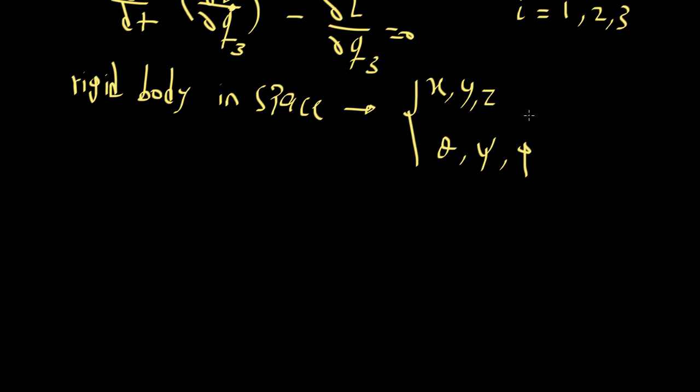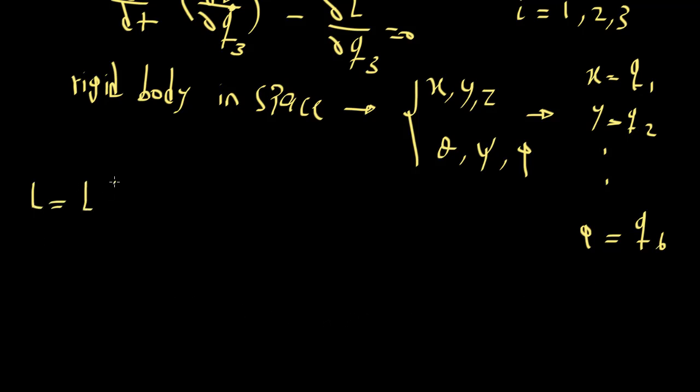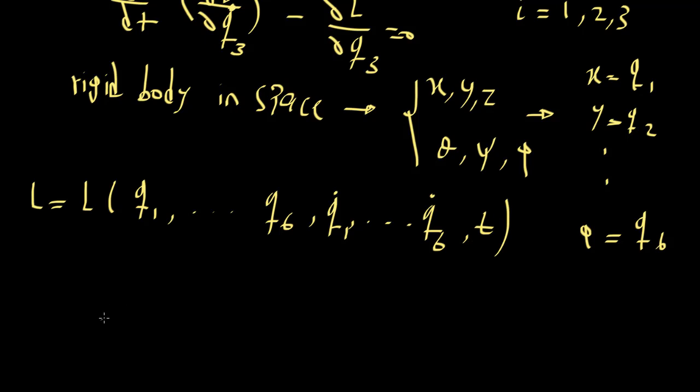And basically here we can play the same game and say that x is equal to q1, y is equal to q2, and all the way to phi is equal to q6. And basically the Lagrangian here would be a function of q1 all the way to q6, and then q1 dot all the way to q6 dot and t.